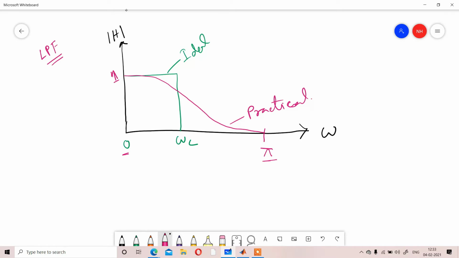Why 1? Why is the filter's maximum value 1? Can anyone give me the answer? Why is the maximum value of a filter 1? Because if we multiply any sequence by 1, the sequence remains as it is. We have the input sequence, and we are going to multiply that input sequence by the filter.